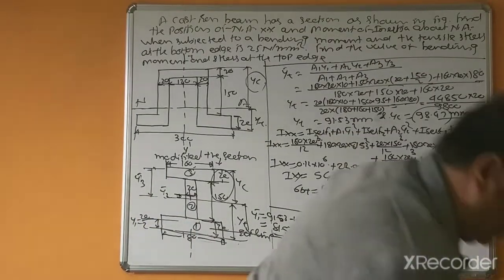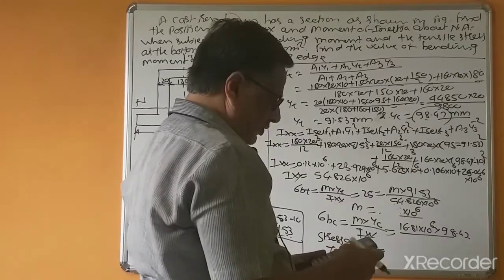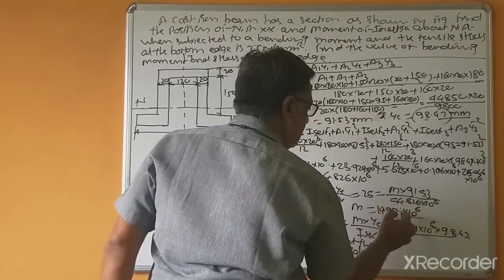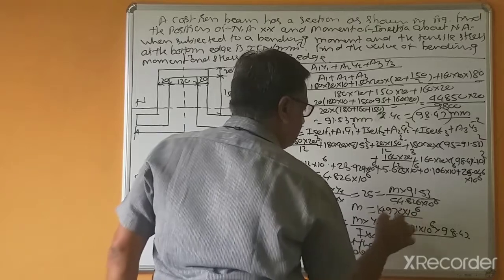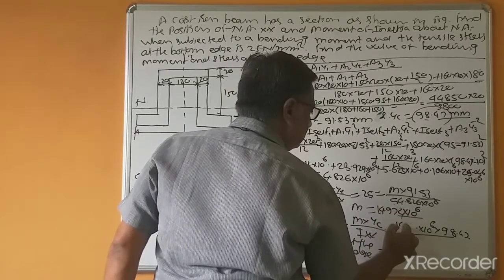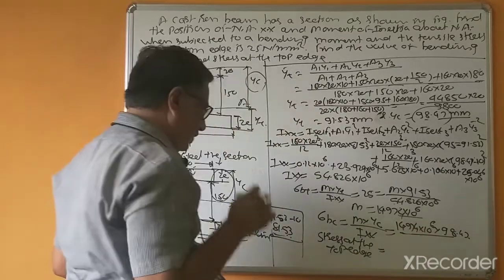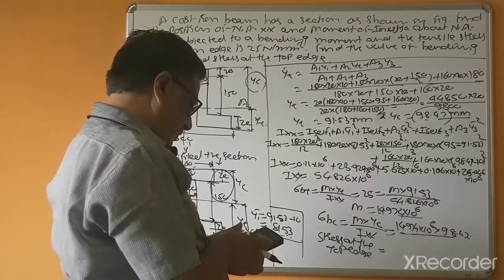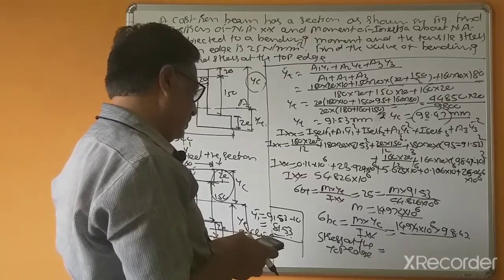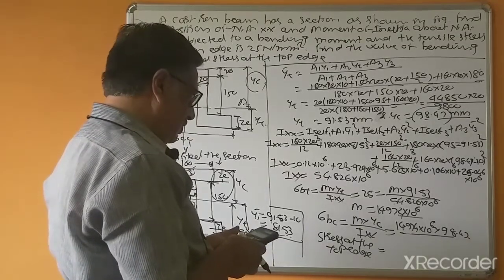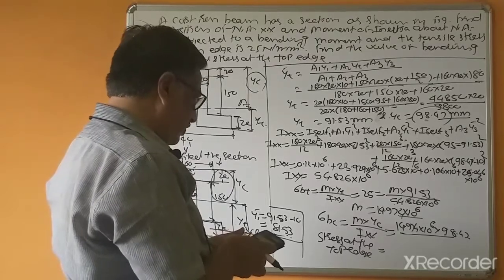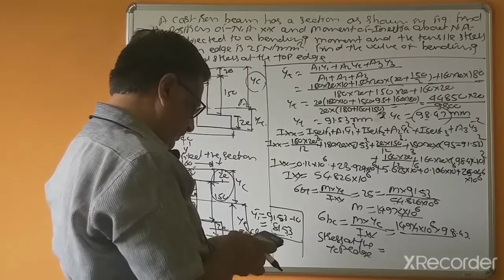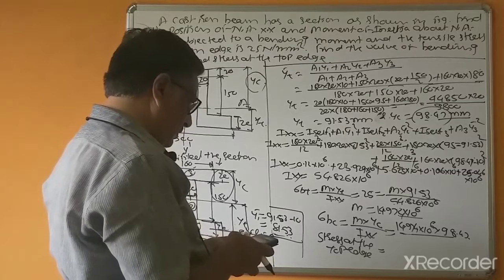Sorry, 14.97 multiplied by 98.47 divided by 54.826.